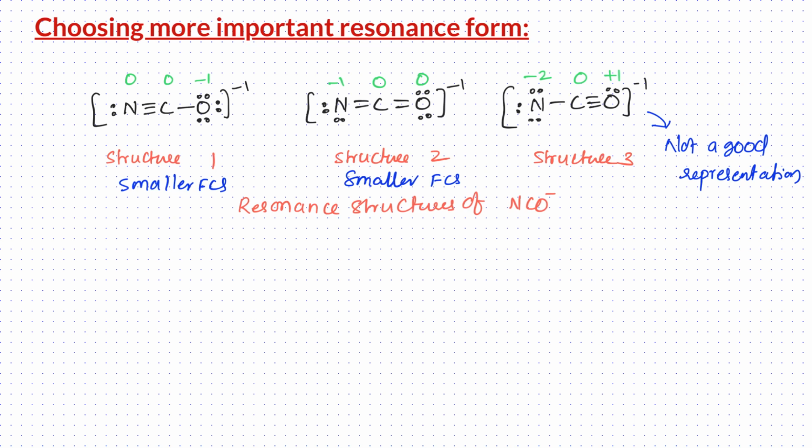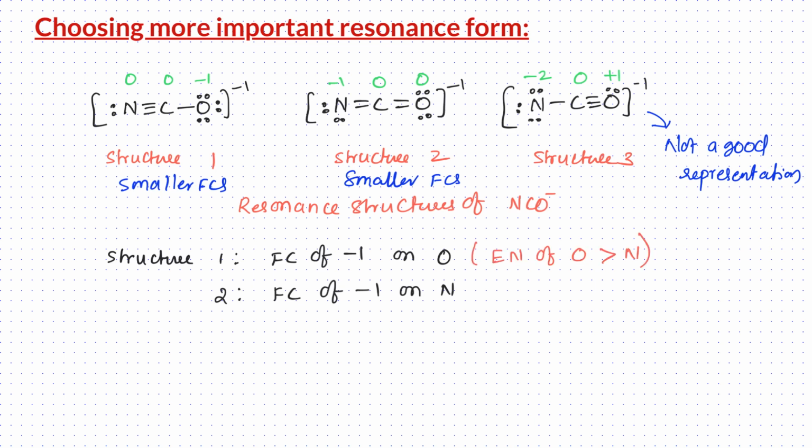Structures 1 and 2 have the same types of formal charges, that is -1, 0 and 0. However, for structure 1, the -1 formal charge is on oxygen, which is a more electronegative atom. Therefore, structure 1 is the best representative of the experimental structure of the NCO- ion.